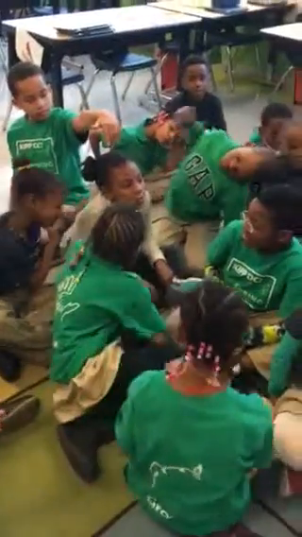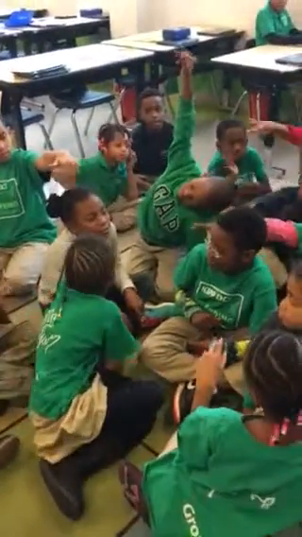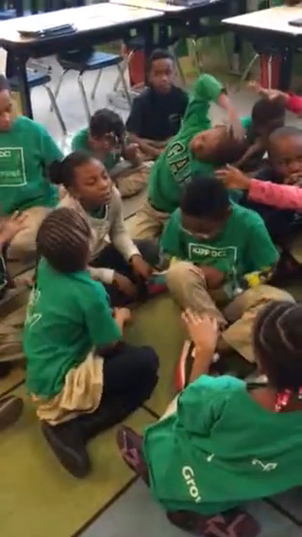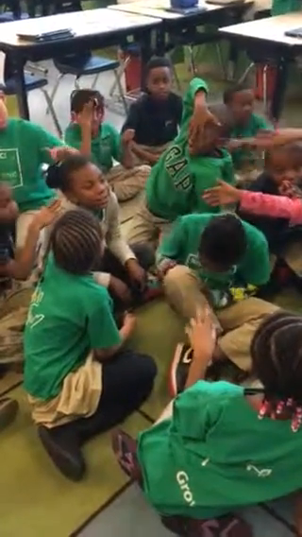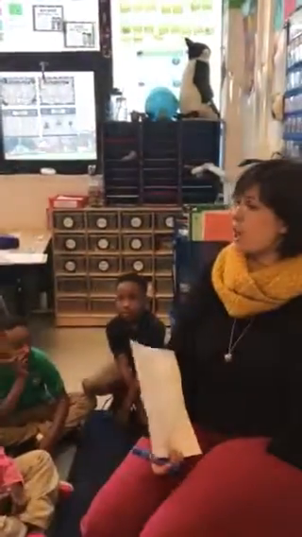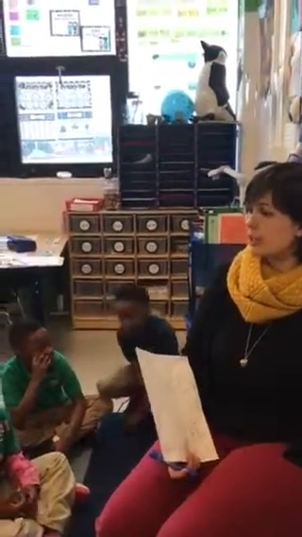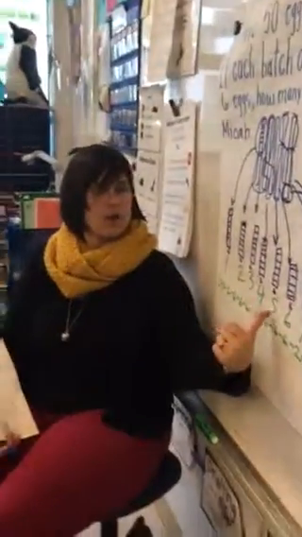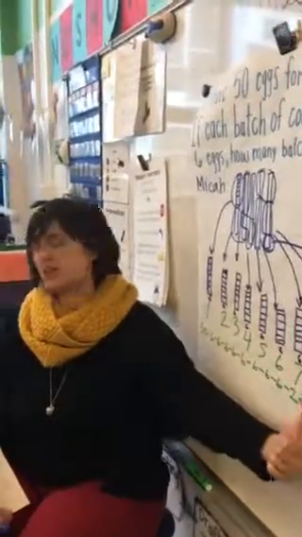It represents the batch of cookies. Yep, 6 eggs to make a batch. And so he counted all his batches right here. Look. 1, 2, 3, 4, 5, 6, 7, 8.